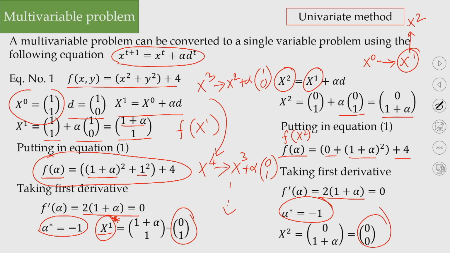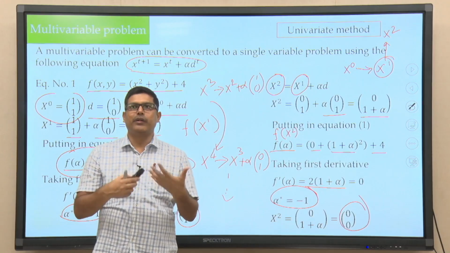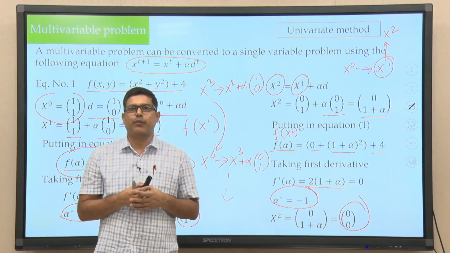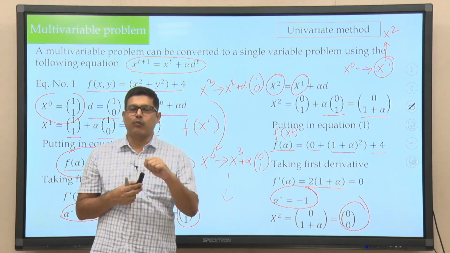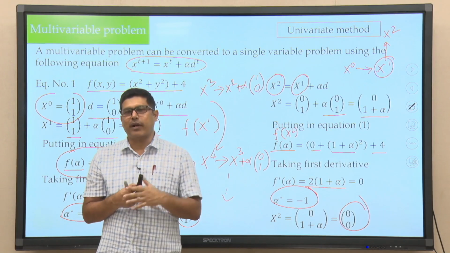So, this particular problem we have solved using the univariate method. That means, at a time we are going along one variable. In this case we have two variables, so initially we go along the x direction and then the y direction. That way we repeat our iterations: x direction, then y direction, then again x direction, then y direction.